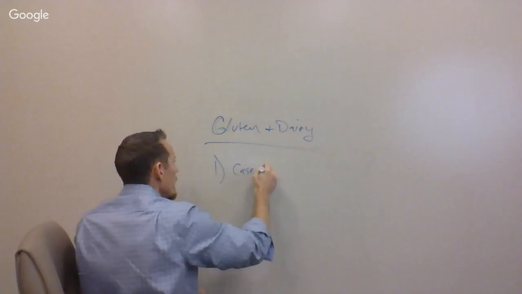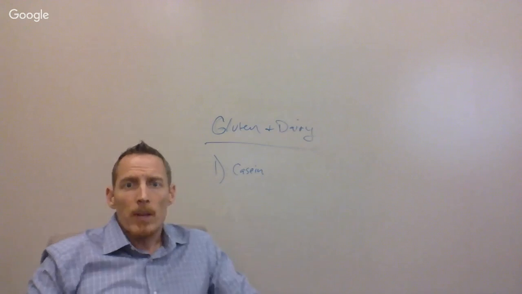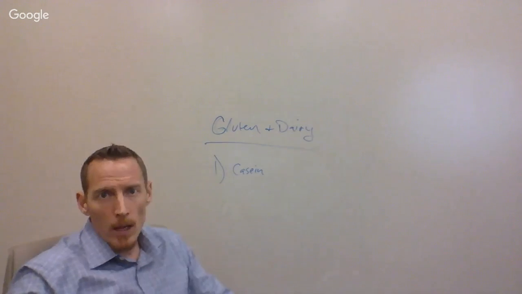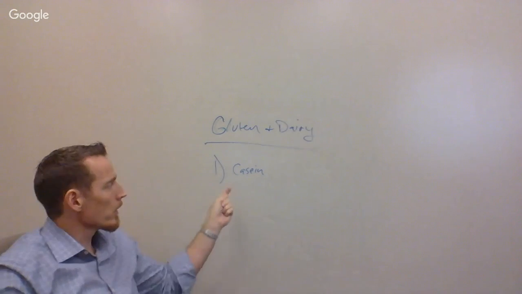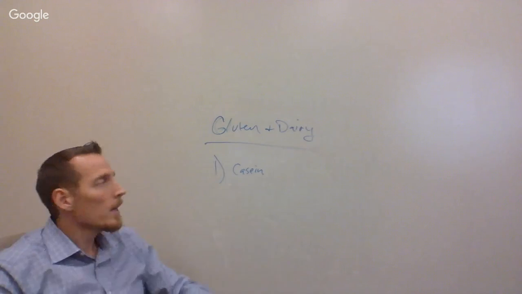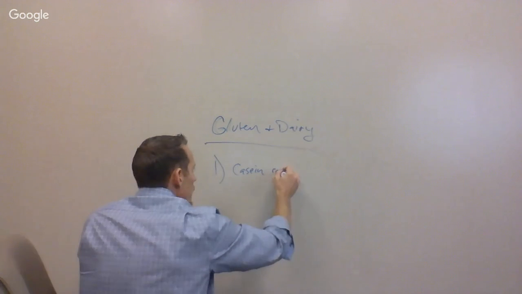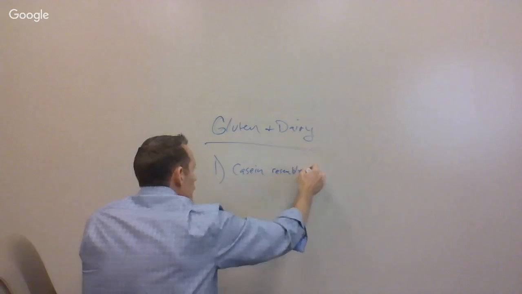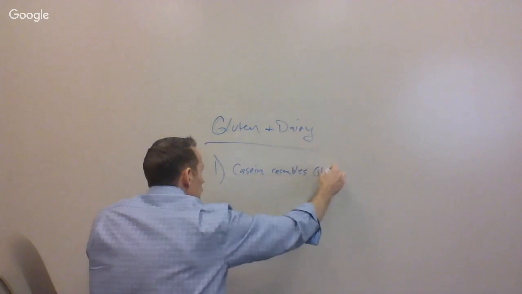Now, if you're drinking the standard milk, even the milk that's organic, the type of cow that's producing that milk is a cow that has been genetically modified or genetically altered, and the casein protein within that milk, even if it is organic, resembles gluten. So that casein can resemble the gluten protein. And so that's one of the problems, is that it resembles gluten.